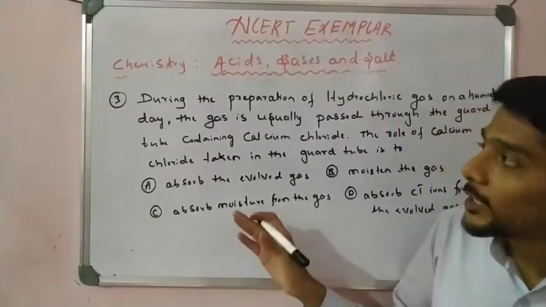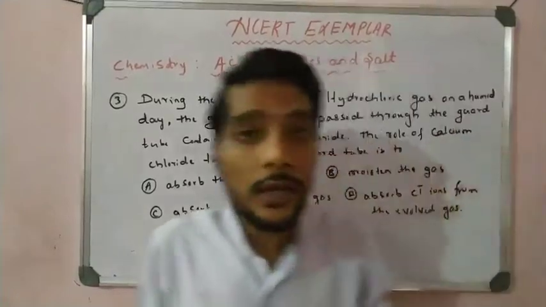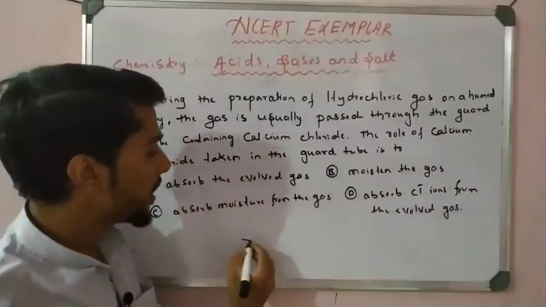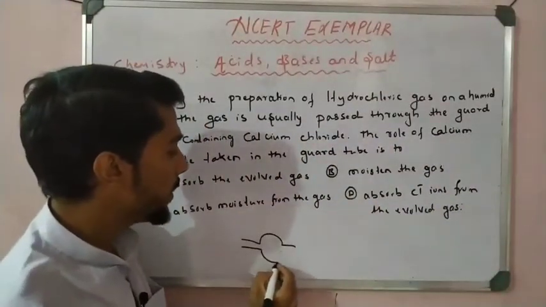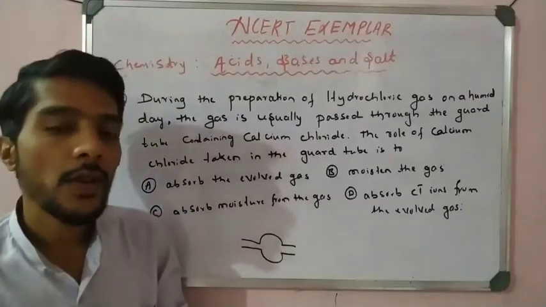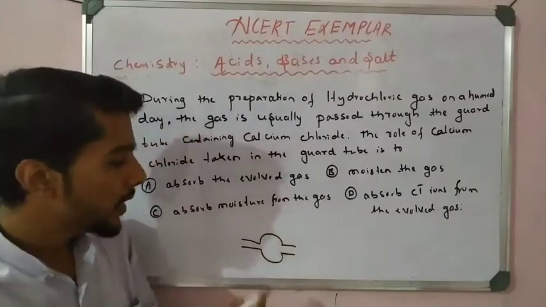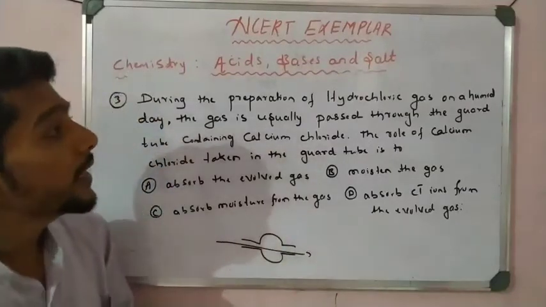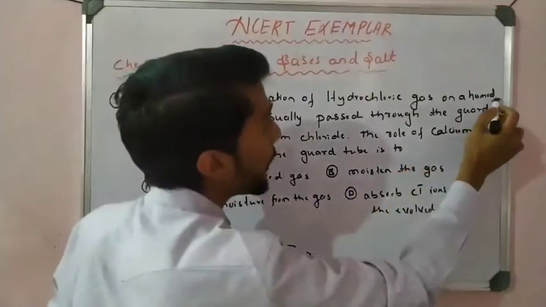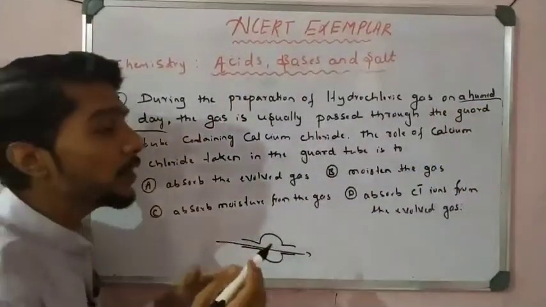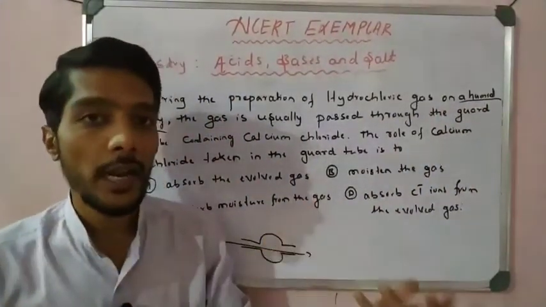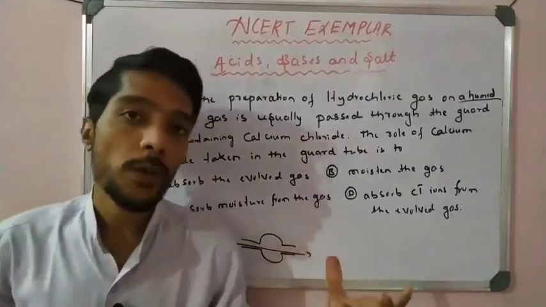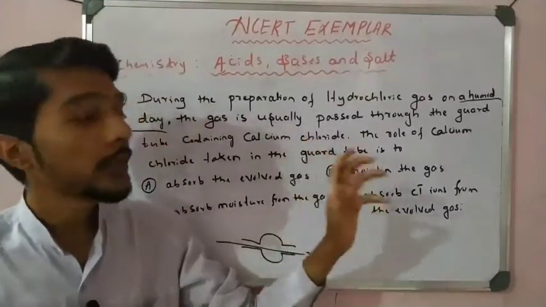So like that in this experiment, we know about the guard tube, right? The guard tube is used here while passing the HCl gas. When the climate is humid, when the climate has a lot of moisture, water droplets are more present in the environment.